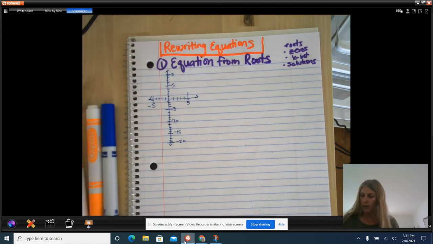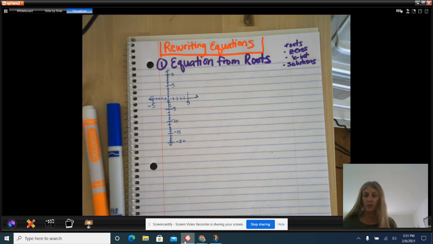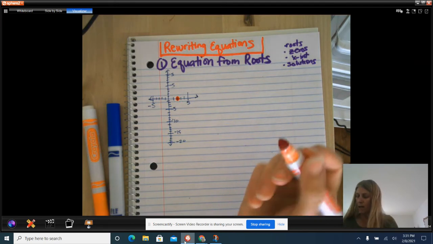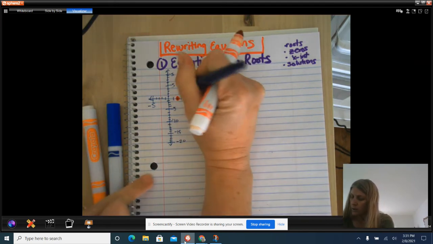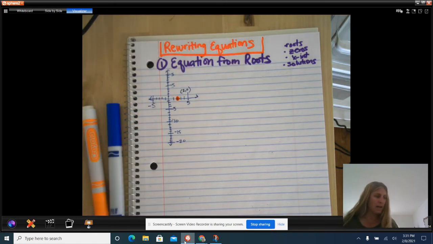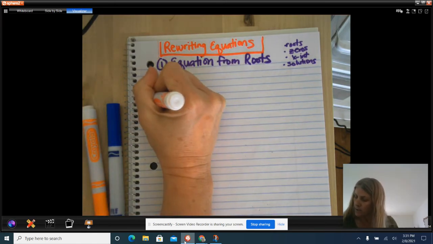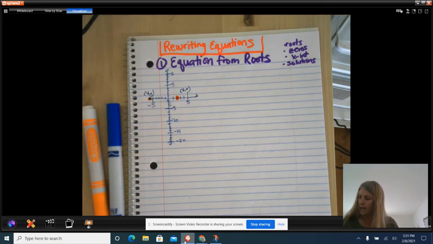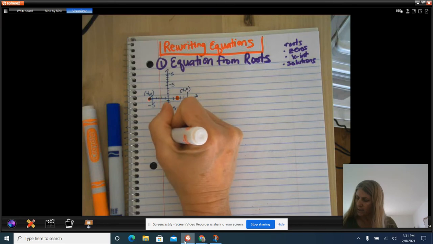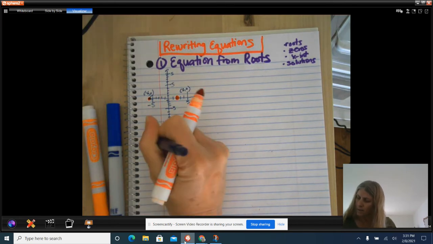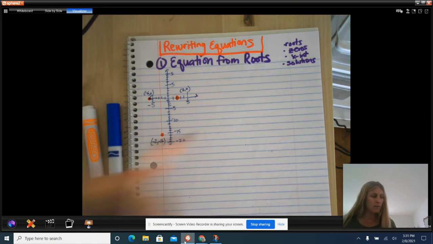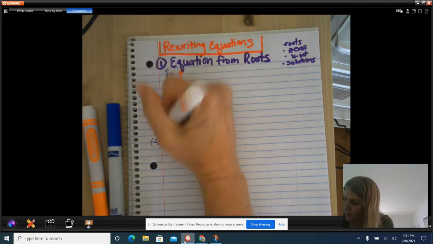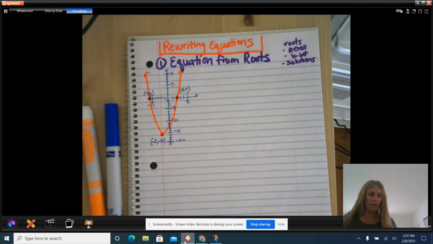Okay, so we're going to plot what we would then search out on ours. One of our roots will be at the ordered pair 2, 0, and our other root is going to be at -6, 0, and -2, -16 is going to be our vertex. So we're going to go ahead and make that smooth parabola.